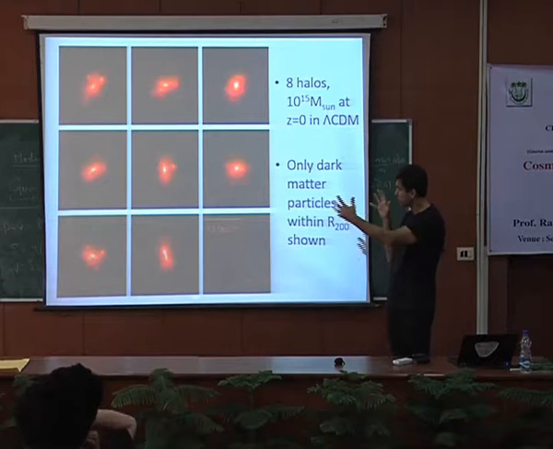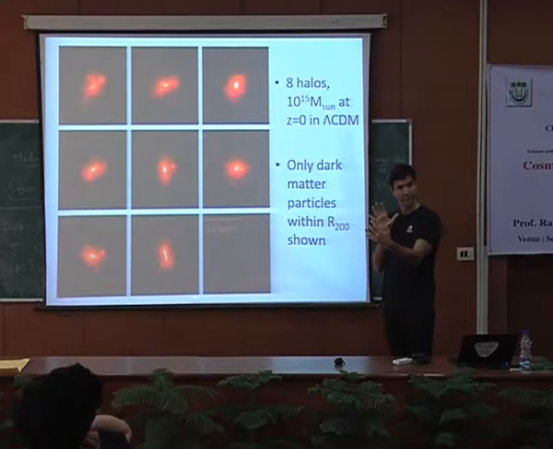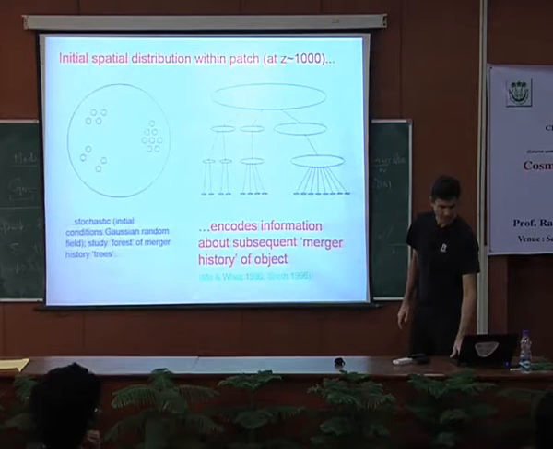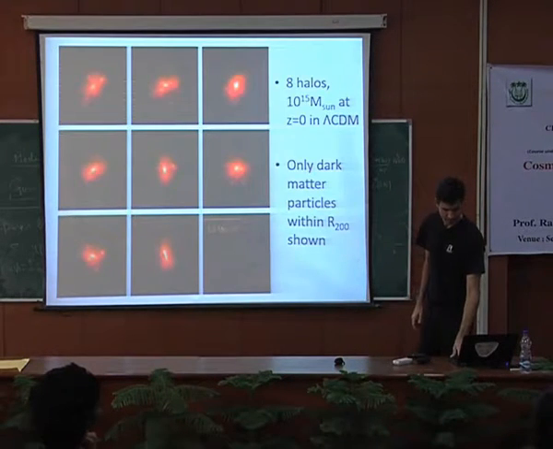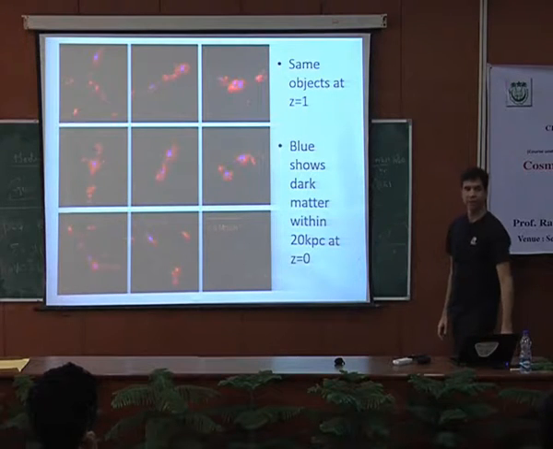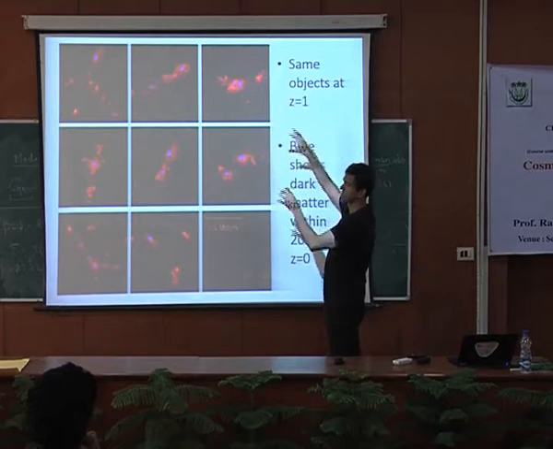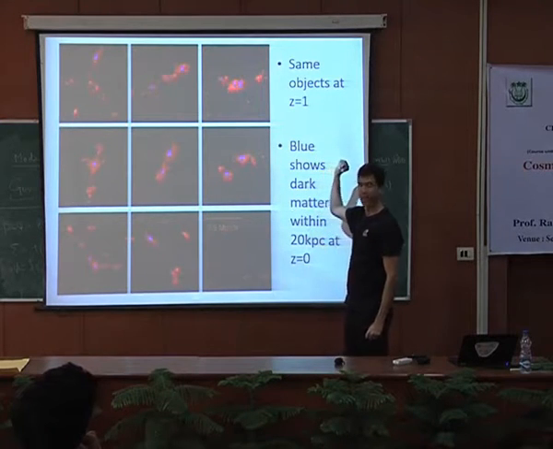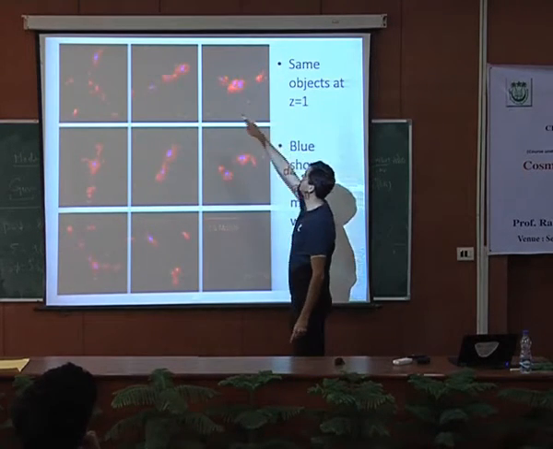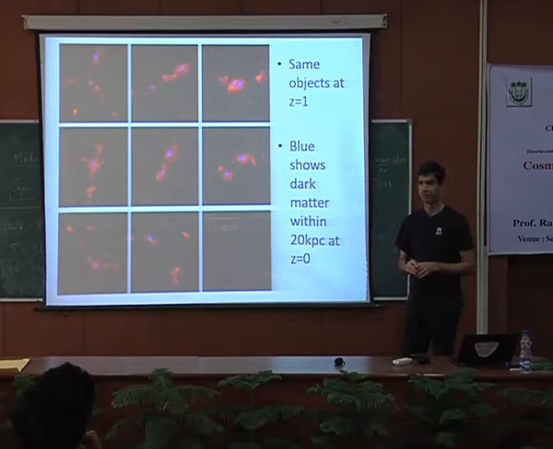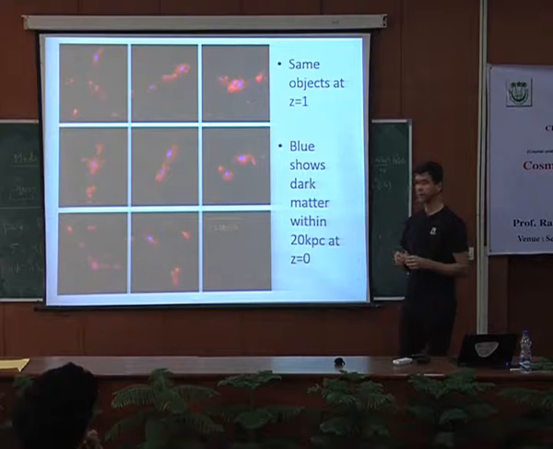So this whole thing was bigger in co-moving coordinates. Each of these halos was more extended. And the blue particles are the ones that were in the center at redshift 0. You can see that they're in the center of the redshift 1 halos.